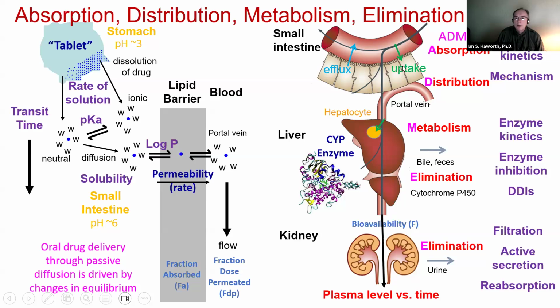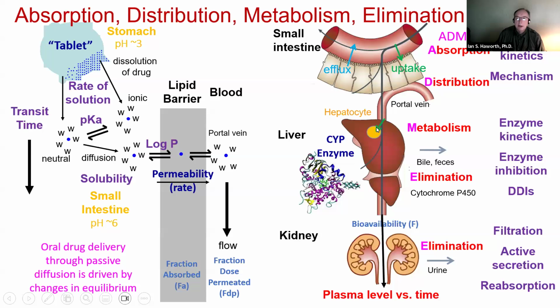I won't talk about that today, but that can be an issue for some drugs. Let's assume the drug successfully negotiates this barrier. It's now going to emerge into the portal vein, and it's going to start distributing to tissue. So that's the D in ADME, and the first organ that it encounters will be the liver in the first pass. What may happen is that the drug will, either through a transporter or just through passive diffusion, move into hepatocytes.